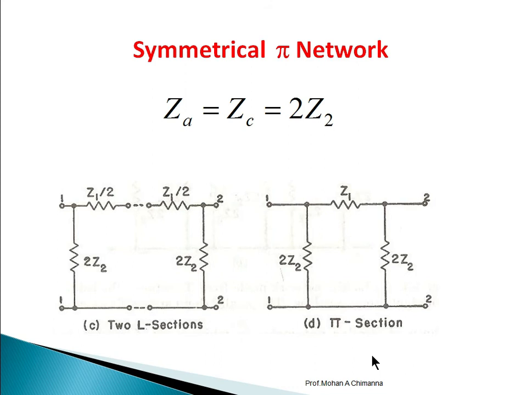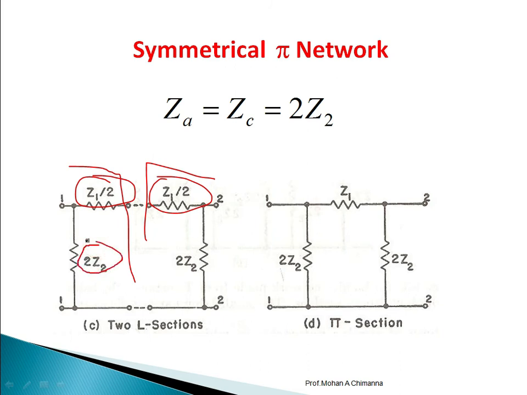Then in the case of the symmetrical pi network, these are the two L sections. The impedances are Z1 and 2Z2, and these 2Z2 are connected in parallel, because this looks like the L structure. The symmetrical pi network basically looks like the pi symbol in this way.